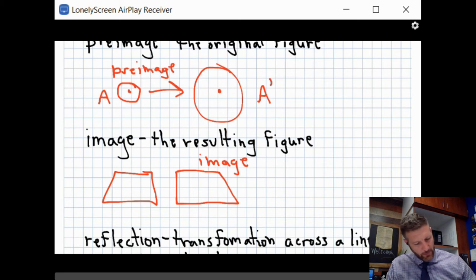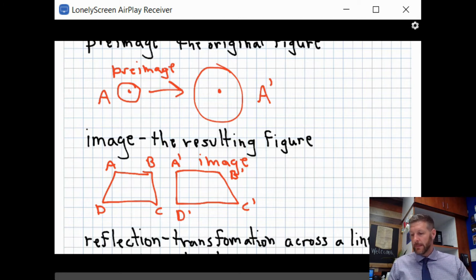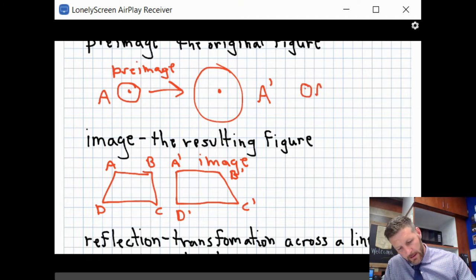Or if we had the one I did down here, A, B, C, D, then the image that results would be A', B', C', D'. They could also be notated, just to give you the full rundown, as circle A becomes circle A'.